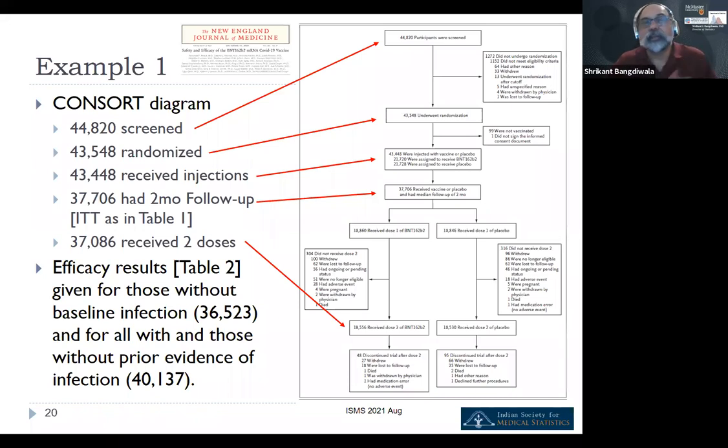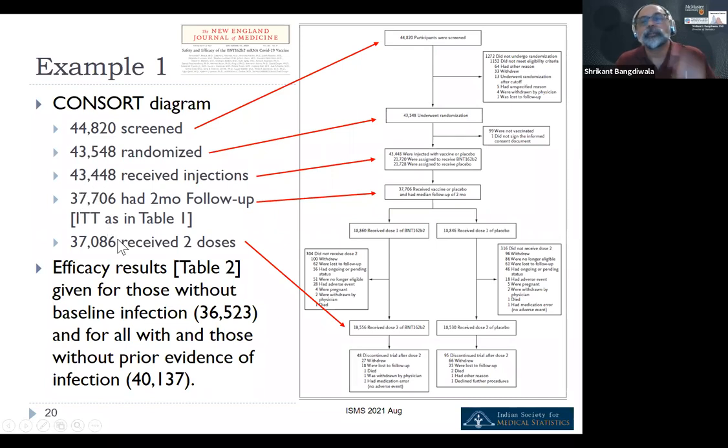They just did not get it for one reason or another. And so they removed those. But they also limited it, and in table 1, the people that they're comparing is the ITT group, and it's those that had reached their 2-month follow-up. And so this is something that their study decided they wanted to do. So this is what they considered as their ITT.